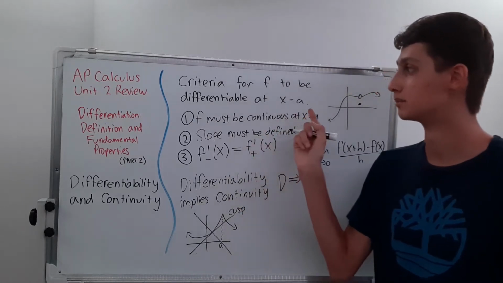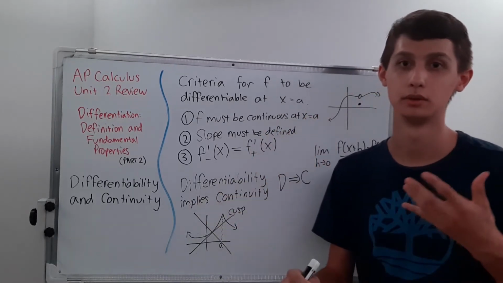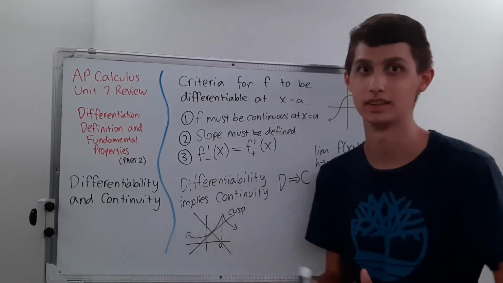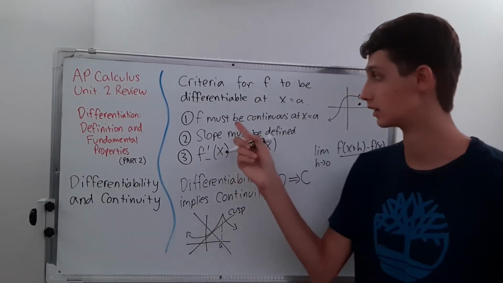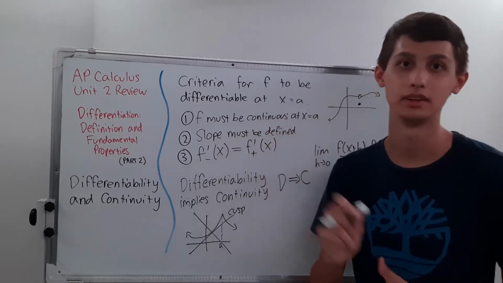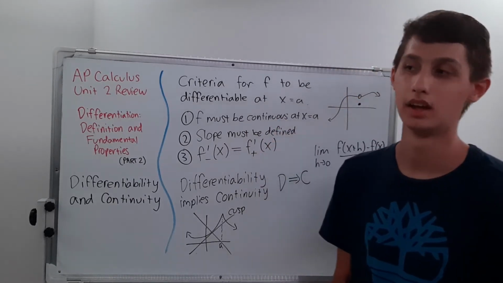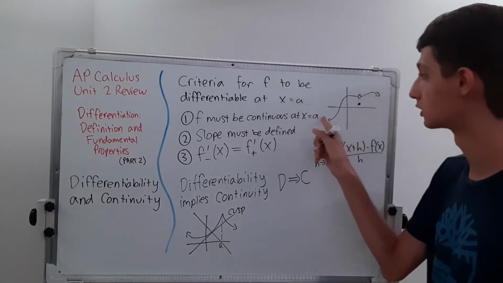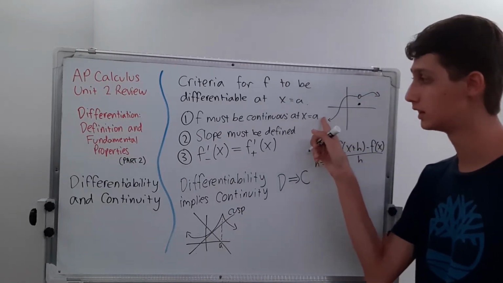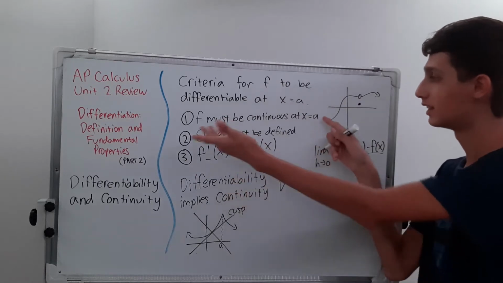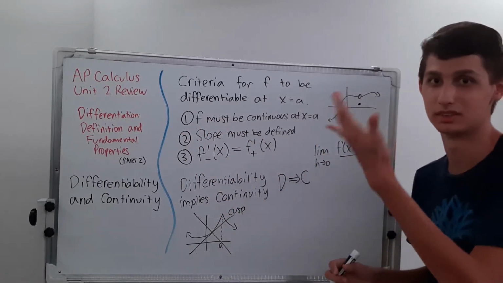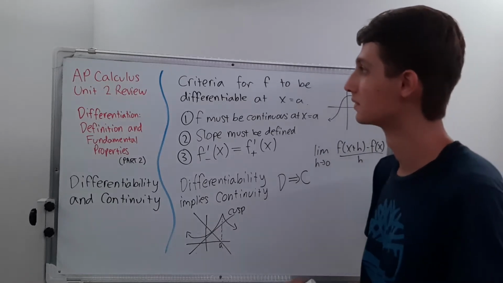Sometimes I'll ask you to state a reason why this is not differentiable, or why this is not continuous. If you need a refresher on the criteria for continuity, definitely watch the first video in this series, the Unit 1 video. Make sure to know the criteria for continuity, and then these for differentiability. The first one's a freebie, because it's just continuous, and you just have to remember the three for continuity.